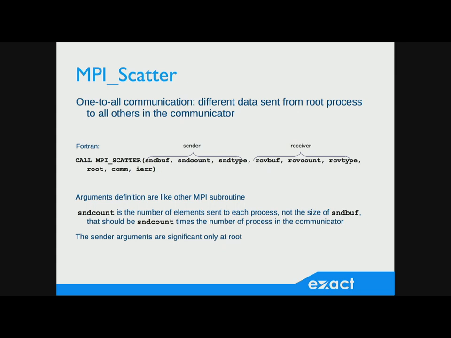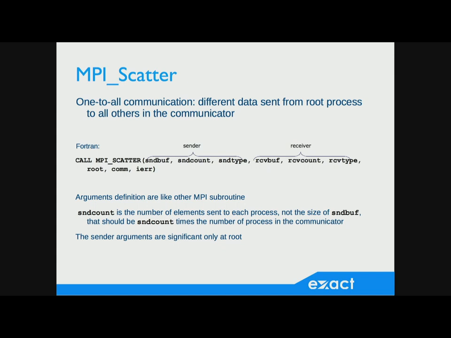Of course, I can also do a scatter, which is again a one-to-all communication. Here it's a little bit different from broadcast, because scatter means that I send different data from the root processor to all others in the communicator. So the sender gives the send buffer, how many numbers I send, and the data type.